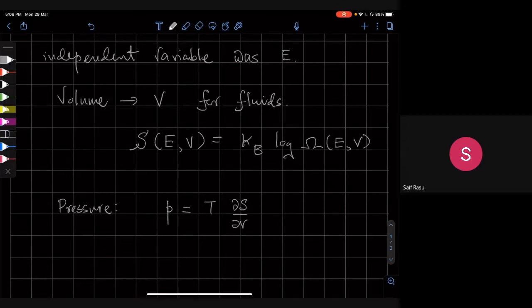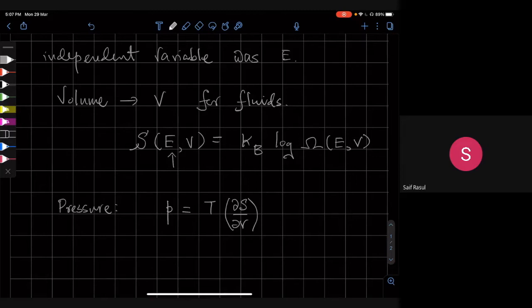And now the partial derivative is important because it implies that we are keeping the E variable constant. So, if I wanted, I could have written it like this, right? But I don't have to. Whenever you have a partial derivative, it's implied that all the other dependents are kept constant.